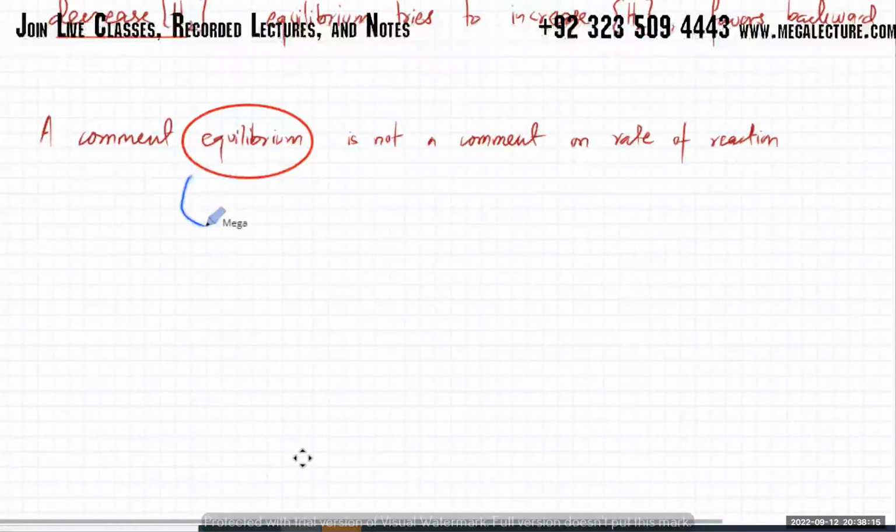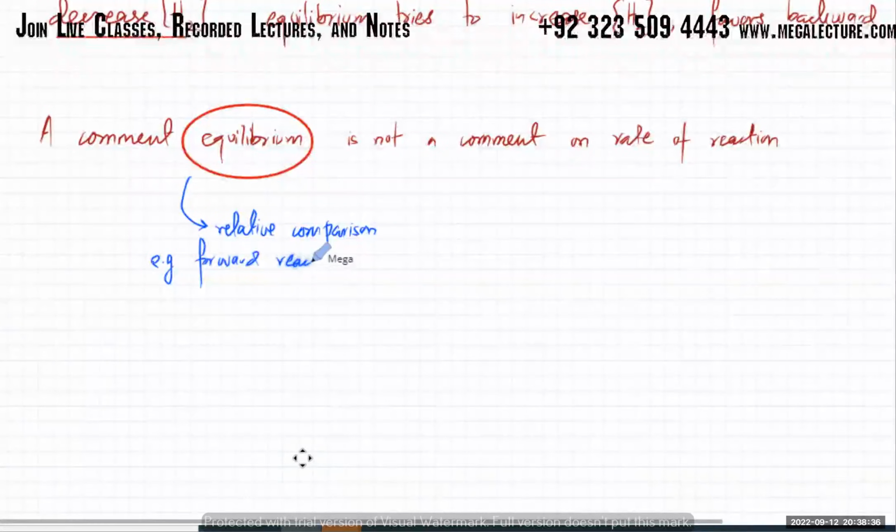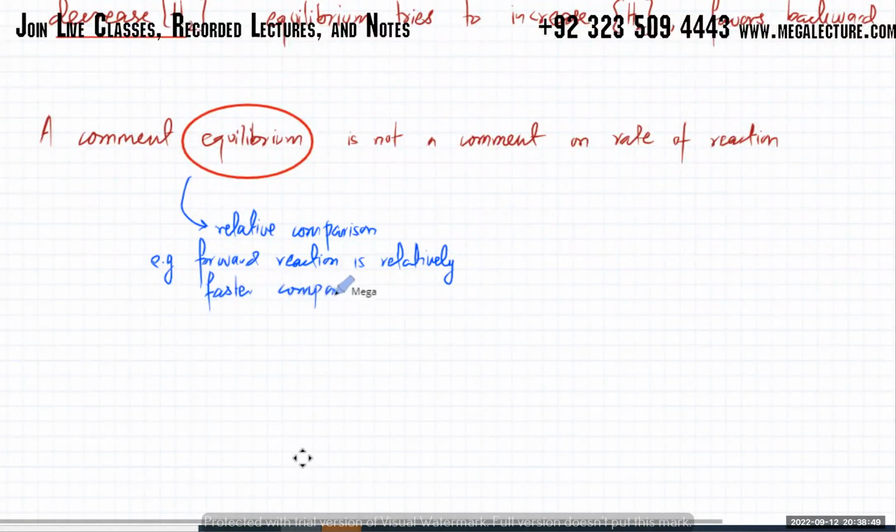So जो equilibrium वाला part है, that's a relative comparison. So if I say forward reaction is relatively faster, या फिर forward is favored, or relatively faster compared to backward.